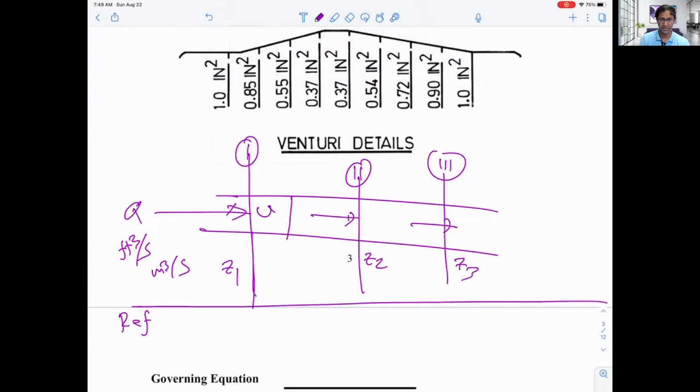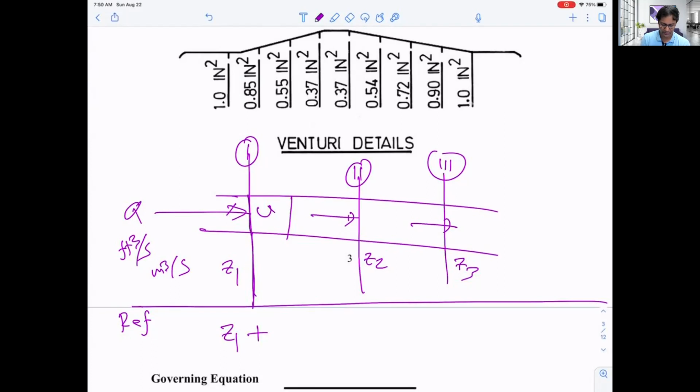And what will happen according to Bernoulli's theorem? It's talking about that since it is elevated at a certain height, Z1, there will be elevation energy, elevation head, Z1, plus pressure. Since water is flowing through the pipe, there will be some pressure energy.